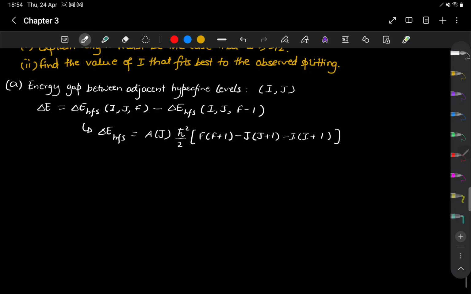So when we put it back into this delta E, I'm just substituting this value into this expression.